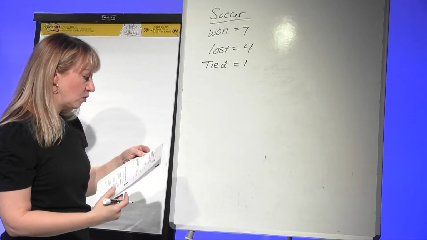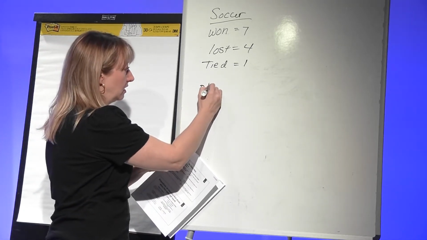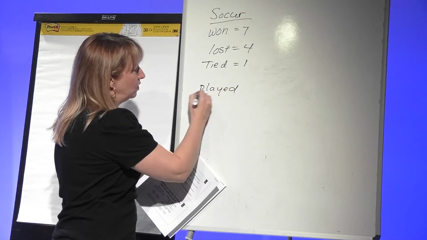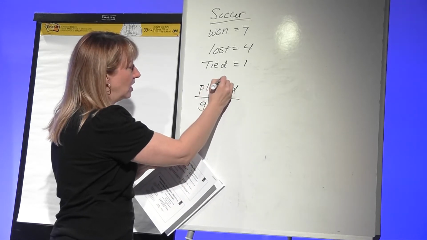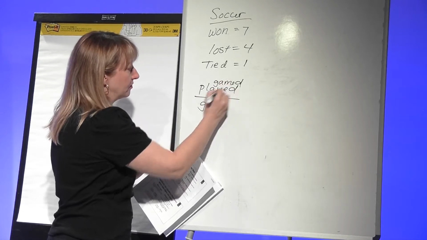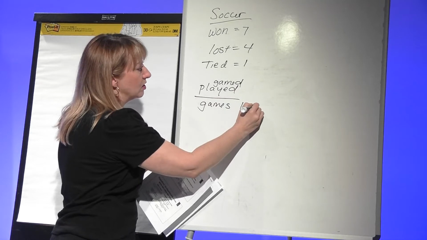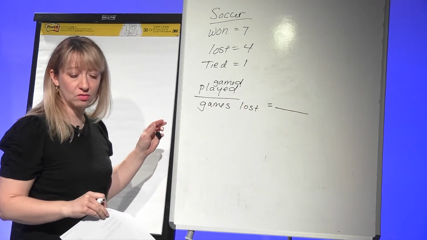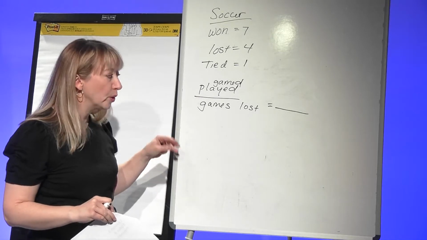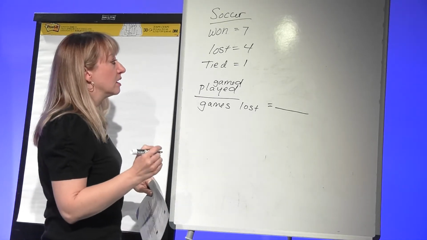Now, the question is, what is the ratio of games played to games lost? So games played to games lost. So, and I'm writing it out as a fraction. Again, you don't have to. You could write it out with a colon in between or the word to. I like to write it out as a fraction, but it's up to you.